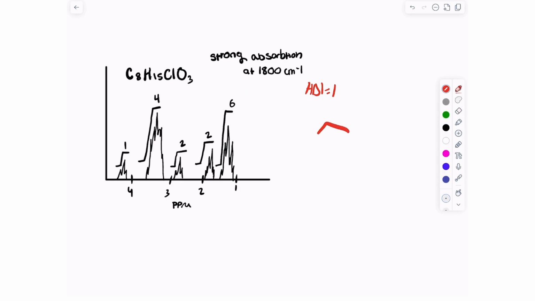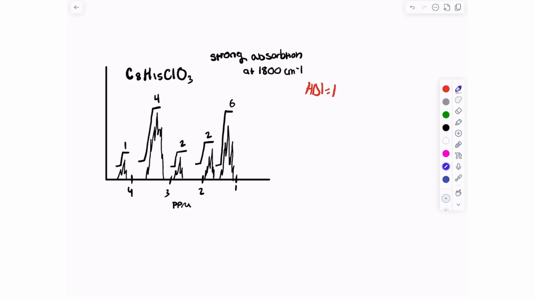So that could indicate symmetrical ethyls, because if you were to have something like this, these are the hydrogens, and they're symmetrical, you would have 4 and 6. So that could be 2 symmetrical ethyls. So we'll just keep that on the side.